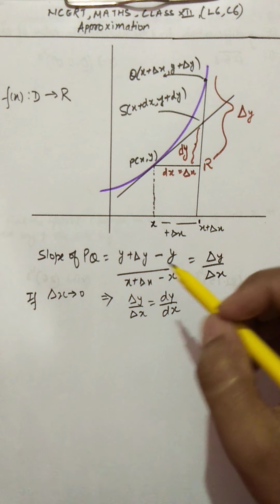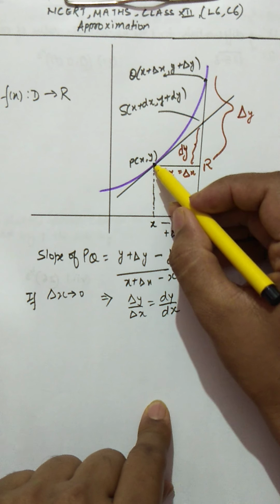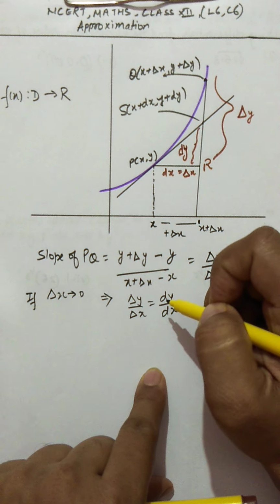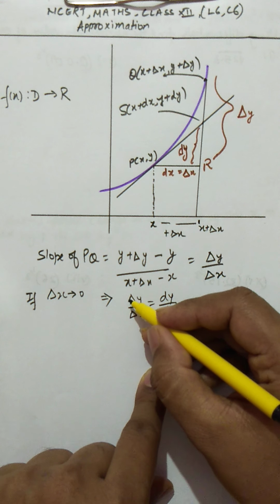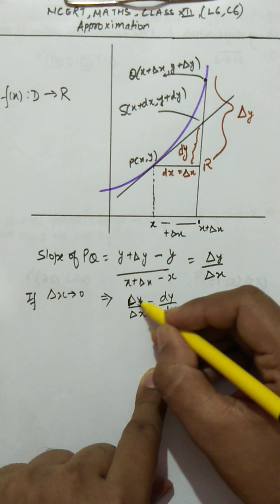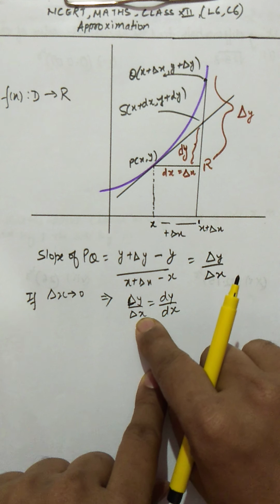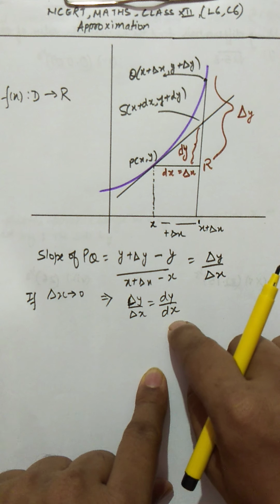And this dy by dx is actually the slope of the tangent at point P(x, y). Understand the difference: delta y means a small change in y, and delta x means a small change in x. But this is the differentiation sign.